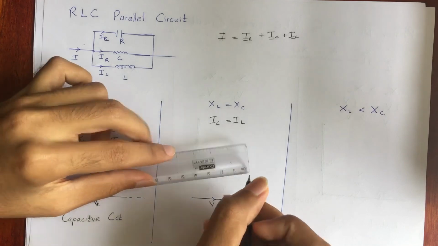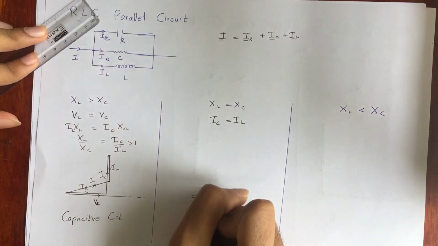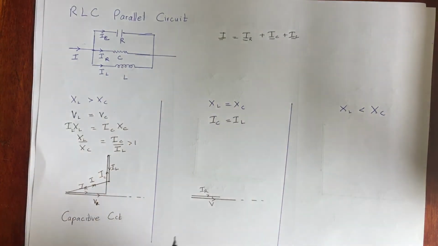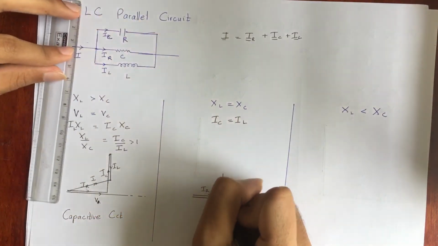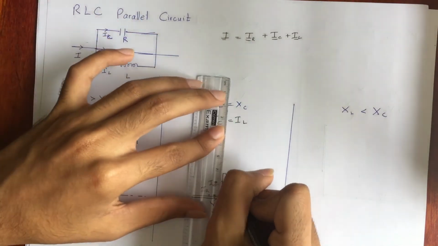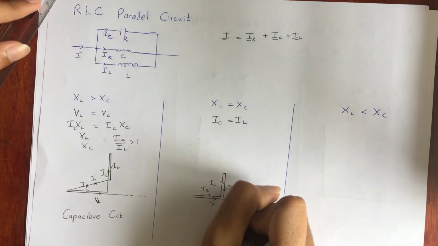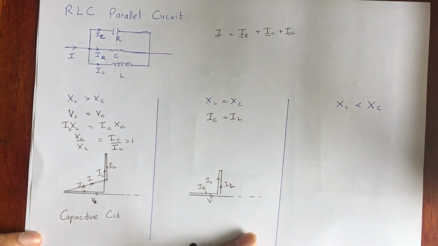So if I draw this, IR would be in the same direction, no changes. After that I draw the IC part. We knew that IC leads the voltage in the capacitor, so it will be in this direction, and IL would be in this direction. But the special thing is IC is equal to IL because XL is equal to XC.